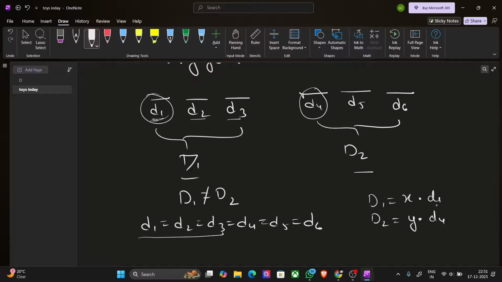Now, as you can see, small d1 is a divisor of capital D1 and small d4 is a divisor of capital D2, right?